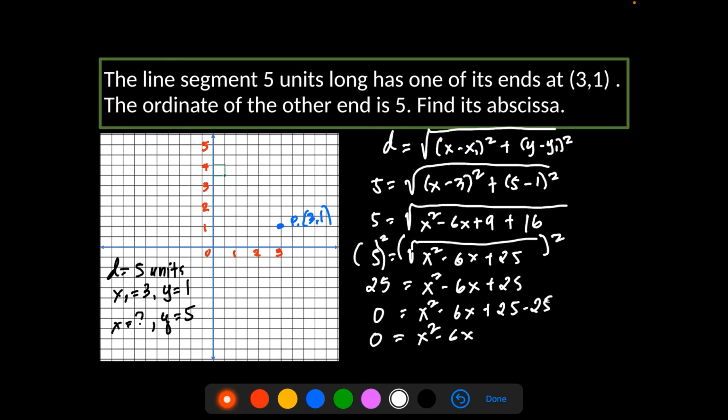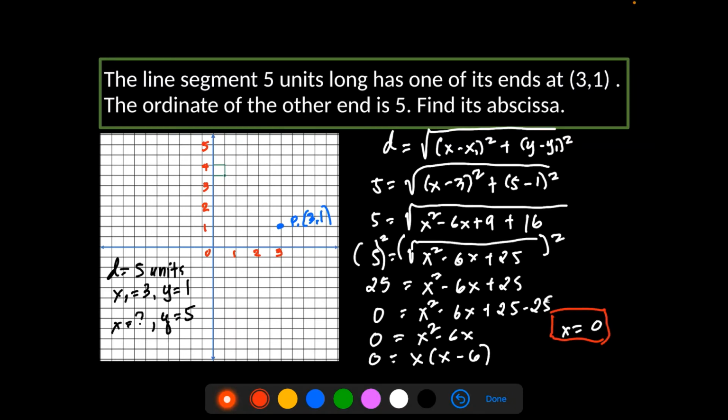So simplifying this further, we can factor out the common factor, which is x, so 0 equals x times (x minus 6). So we have two solutions here. The first one is x equals 0.